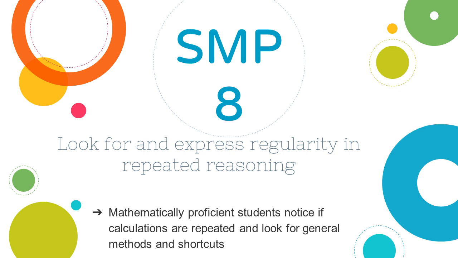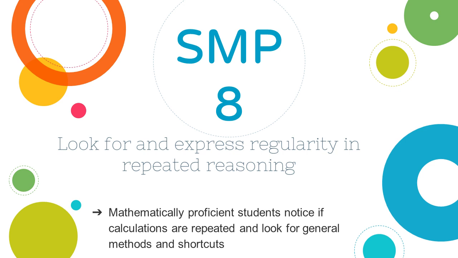Practice number 8, look for and express regularity in repeated reasoning. Mathematically proficient students see repeated calculations and look for shortcuts. As they work to solve a problem, they maintain oversight of the process while attending to the details.